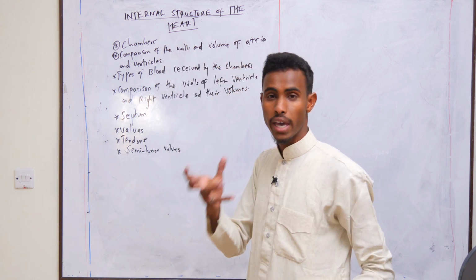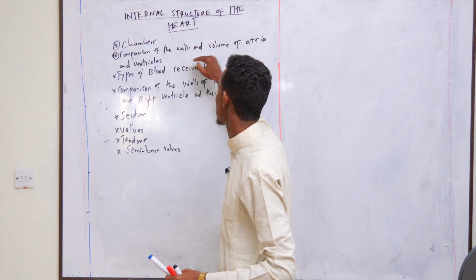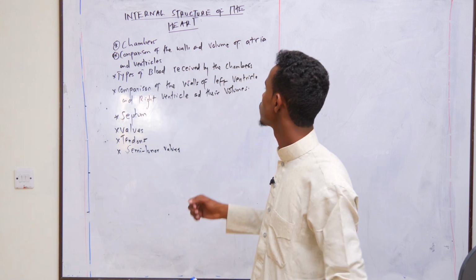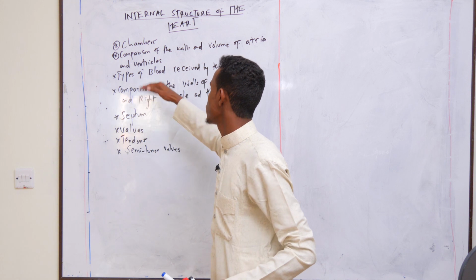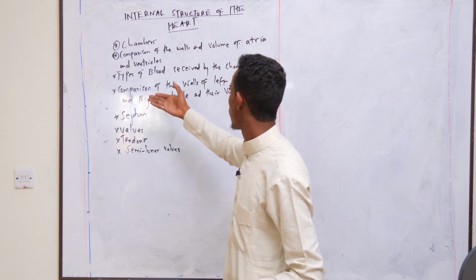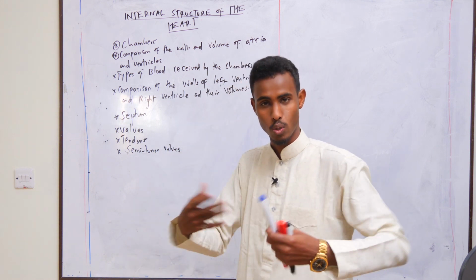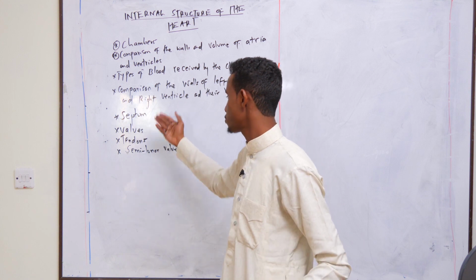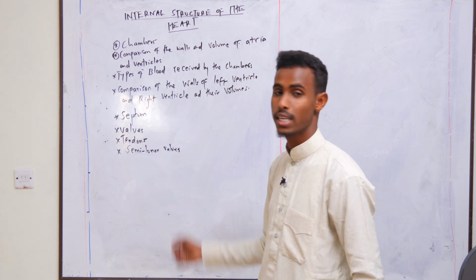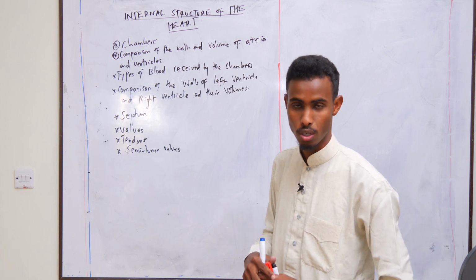We are going to compare the two chambers of the heart in terms of volume as well as the walls. We are going to see the types of blood received by the chambers, a comparison of the walls of the left ventricle and the right ventricle as well, their volume, the septum, valves, tendons, and semilunar valves, and if possible, we may look at something about the circulation of blood.